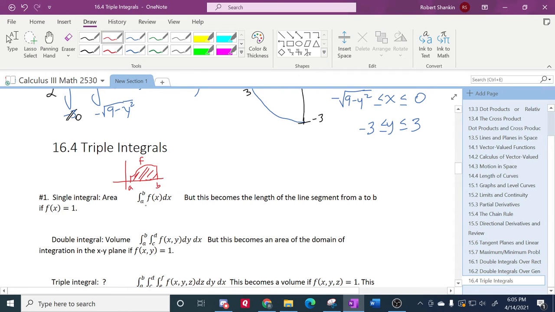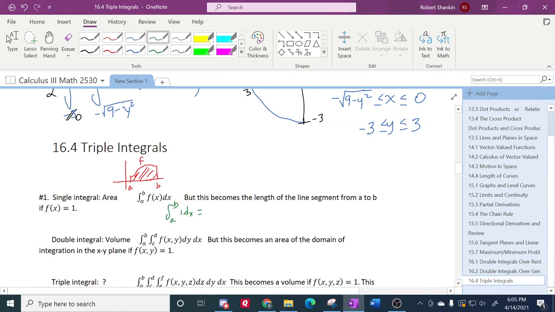All right, but I want to point out, this becomes the length of the line segment from a to b if the f of x was 1. Because if the f of x was 1, this becomes the integral from a to b of 1 dx.